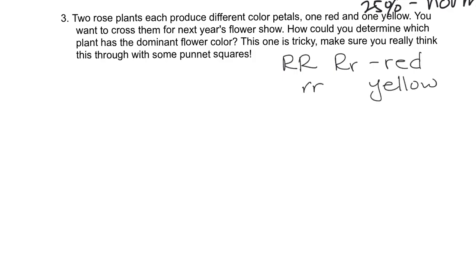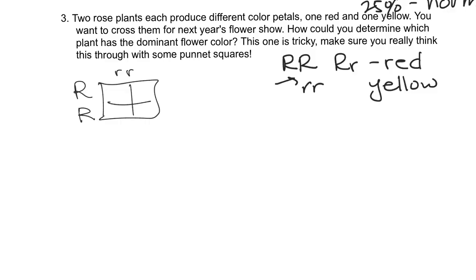If I cross homozygous dominant with homozygous recessive, and I'm assuming that red is dominant, then I should get 100% red in the F1 generation. But that's assuming that the red colored rose is homozygous dominant. Because what happens if it is not?